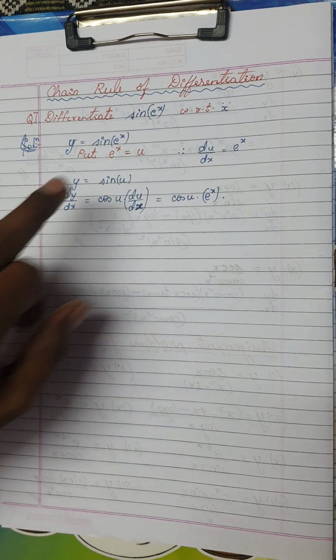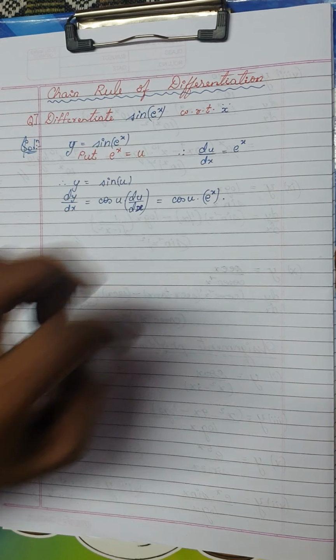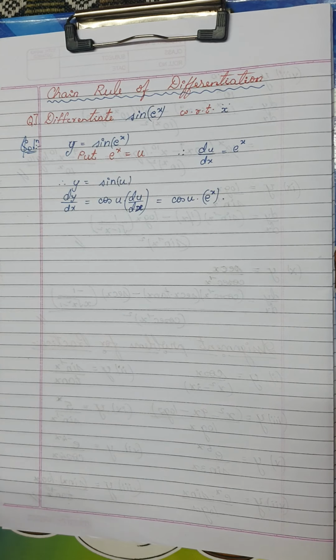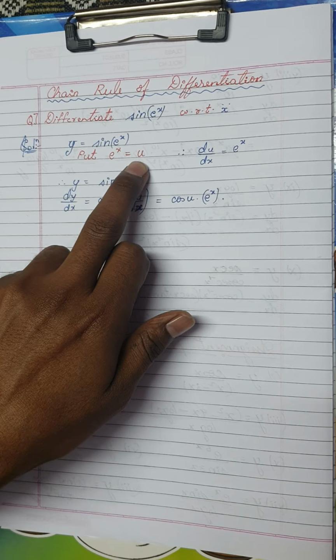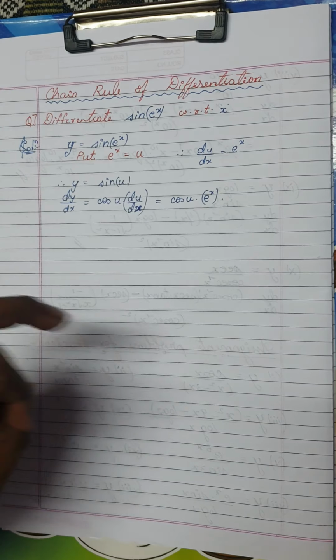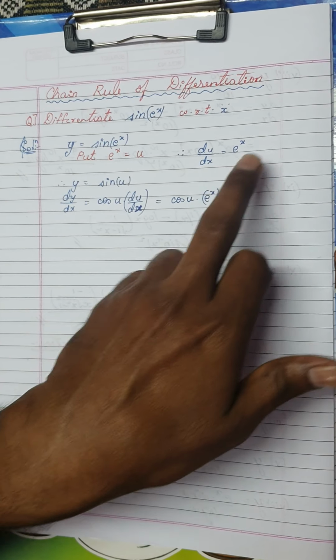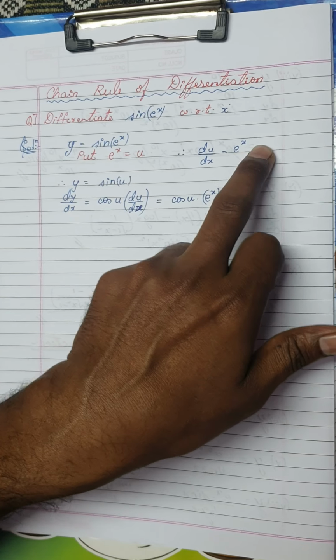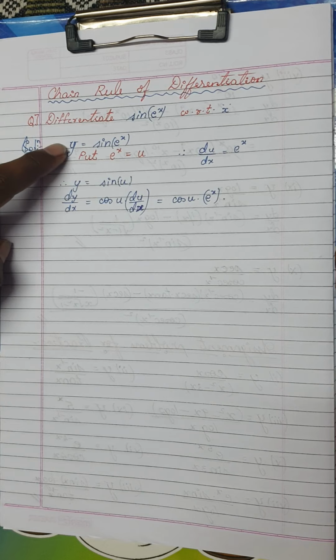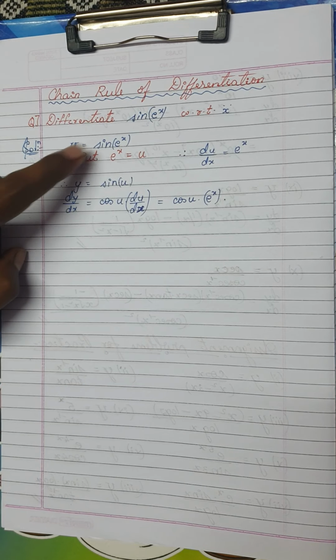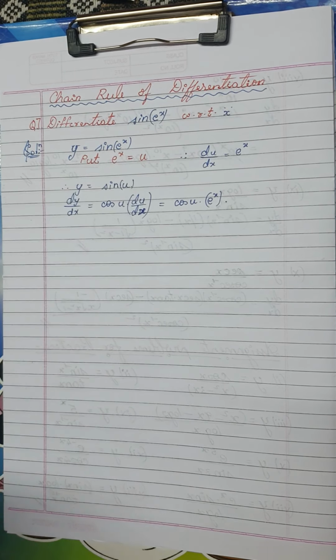So whenever I have a function inside a function, the regular procedure is, first consider the inside function as some other variable, maybe u or v or t, whatever it is. Then you differentiate that function with respect to x, keep it aside. Now use the regular question with u, so replace the variable which you have considered.